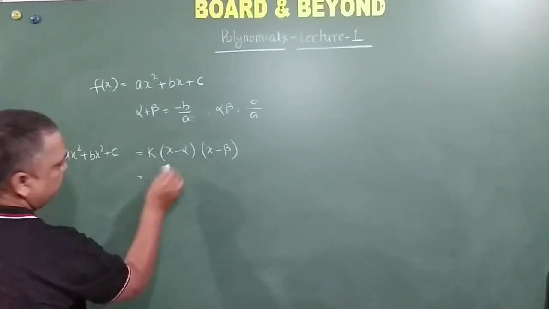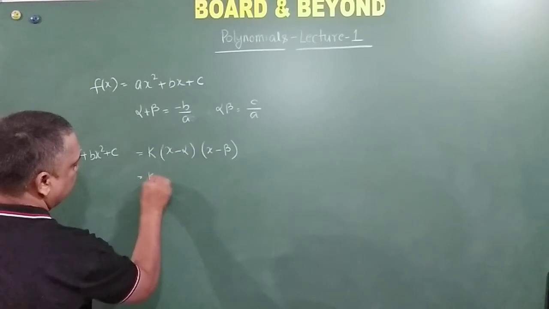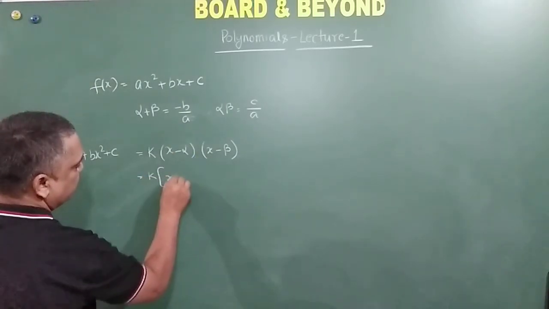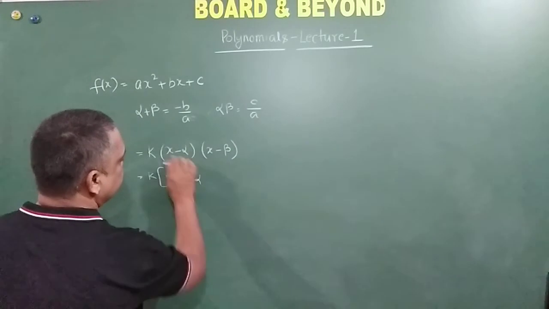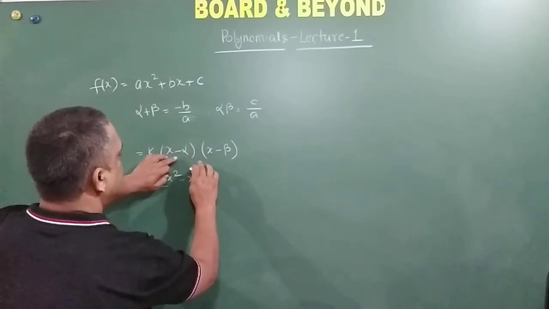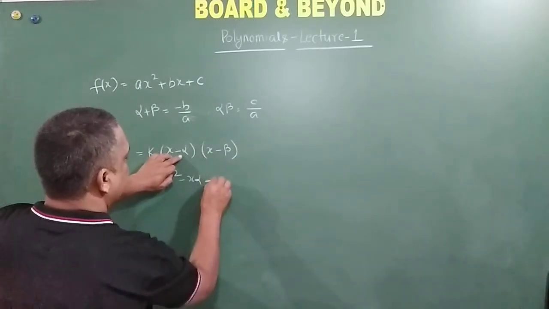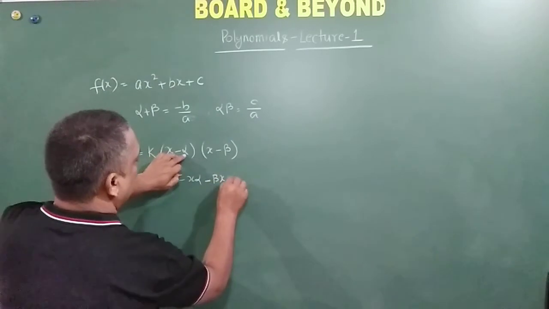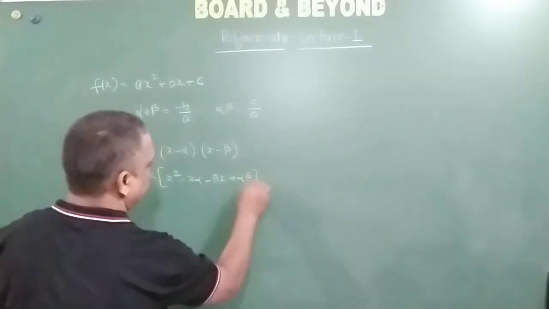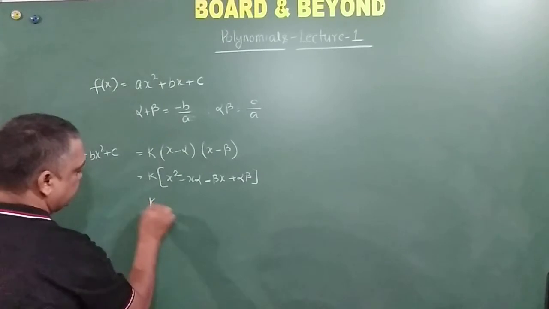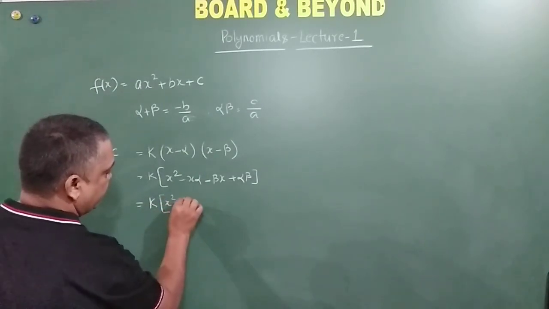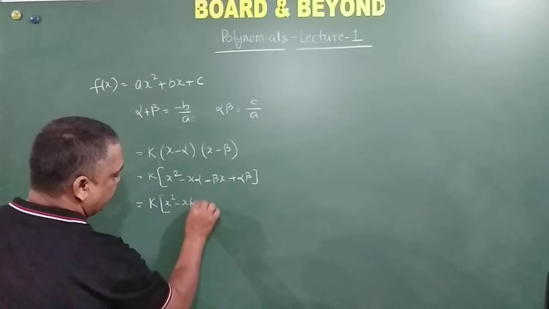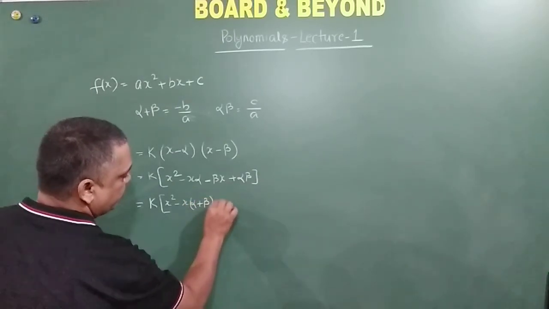Now we will multiply this: x square minus x alpha minus beta x plus alpha beta. Right friends? So k times x square minus x (alpha plus beta) plus alpha beta.